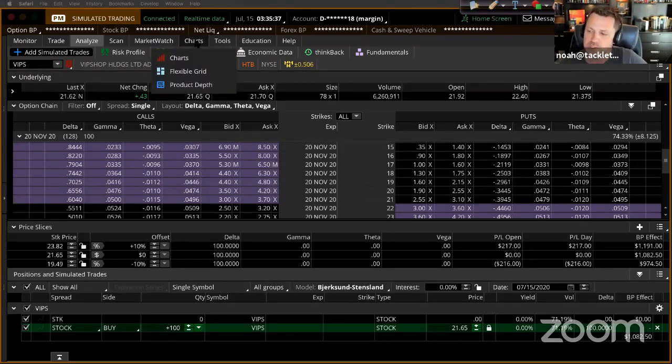Like, which would be more expensive to insure, a Honda Civic or a Range Rover? The more expensive the car, the more expensive the insurance, right? Okay, well, which would be more expensive to insure?